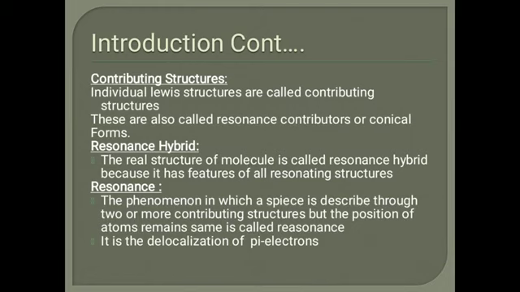Then this is called resonance, and it is the delocalization of pi electrons, meaning there is the delocalization of electrons from one atom to another atom, and the position of the nuclei remains the same.